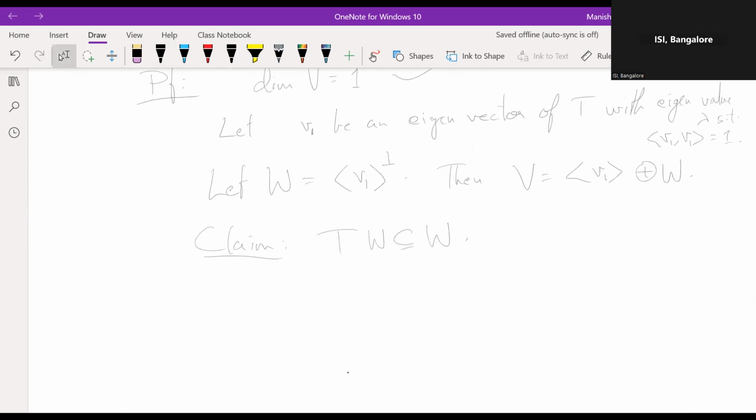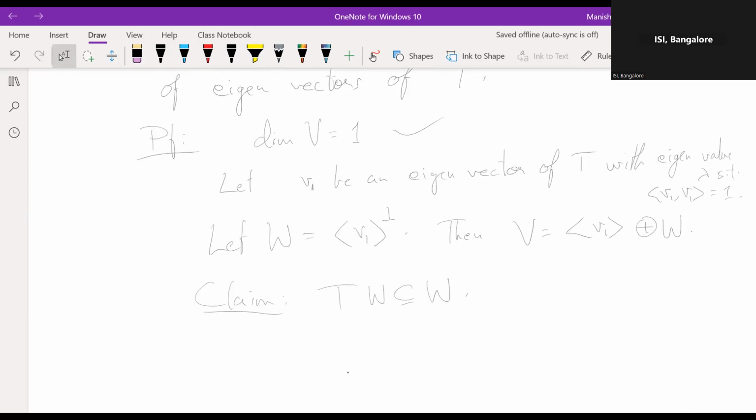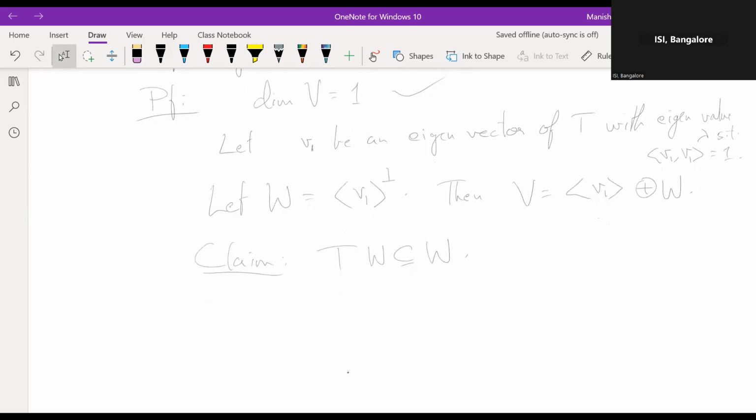Here we will use the fact that T is a normal operator. V1 is an eigenvector of T, so we want to know how T star works on V1. Let's look at T star V1.